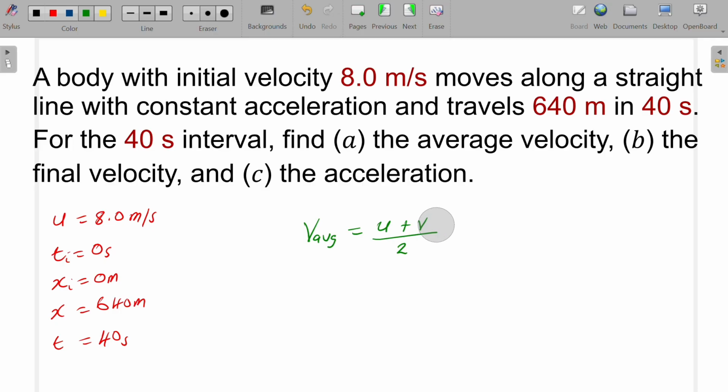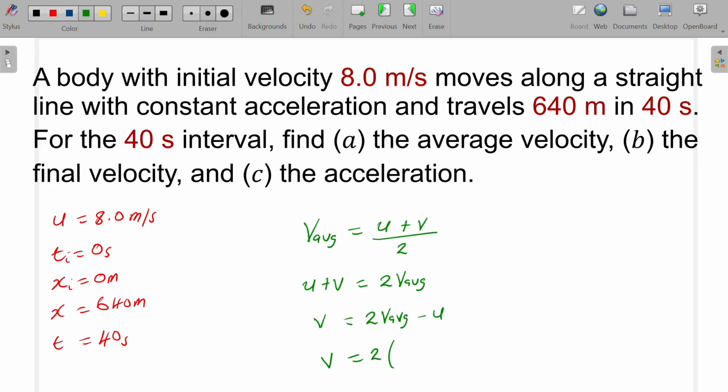So we have the average velocity, we also have the initial velocity, and then we are just finding the final velocity. So let's do that. Making it the subject, we are going to say U added to V is equal to 2 multiplied by V average. And then our V will be equal to 2 multiplied by the average minus the initial velocity. When you take the initial velocity to the other side, it becomes a minus.